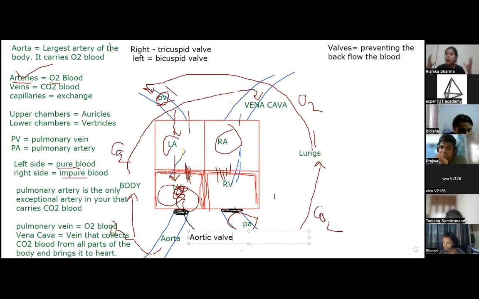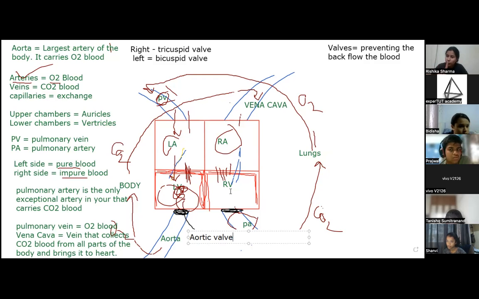Okay, if something is more precious to you, you keep it under more security, right? In the same way, the right side has deoxygenated blood, so naturally our body cannot handle the backflow of carbon dioxide containing blood. If it comes from the auricle to the ventricle once and the valve does not shut properly, or there is less protection of valves, and blood goes back, it leads to death.